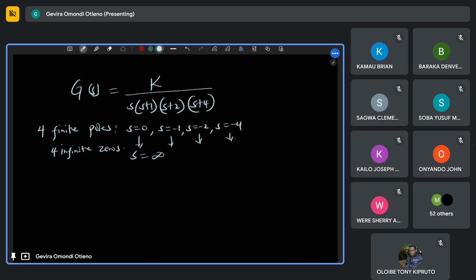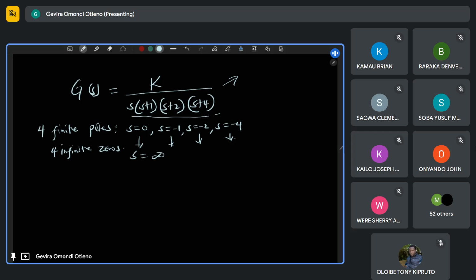So based on the definition, the strict definition is that the number of branches in a root locus must equal the number of closed loop poles. This being a unity feedback system, we could still use the number of open loop poles to know the number of branches.